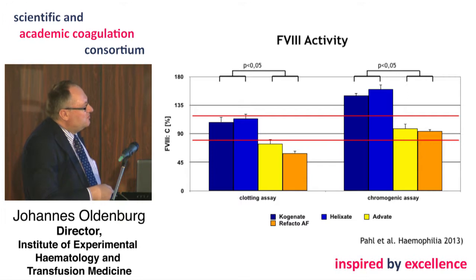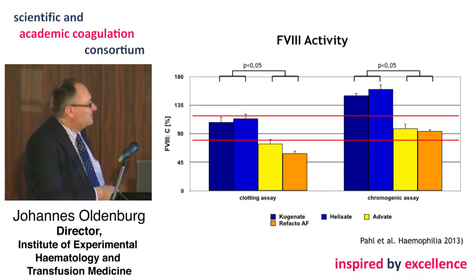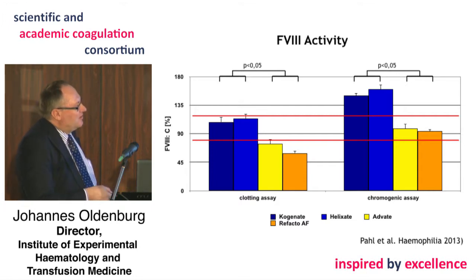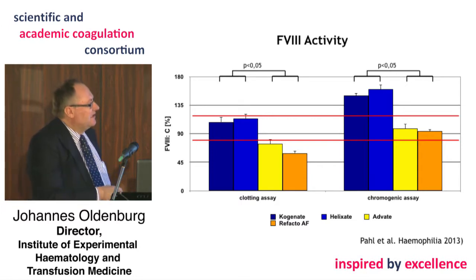These 2 concentrates here are calibrated with a one-stage assay, and with a one-stage assay they are perfectly in the labeled range, while for these 2 concentrates here, the potency is determined with a chromogenic assay, and they are only within the labeled range with a chromogenic assay.